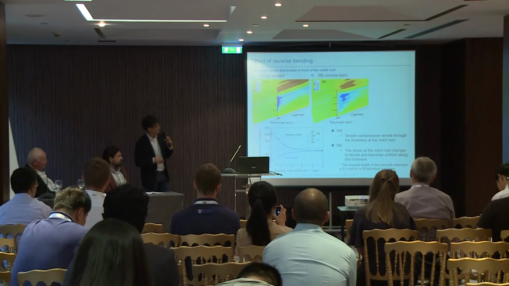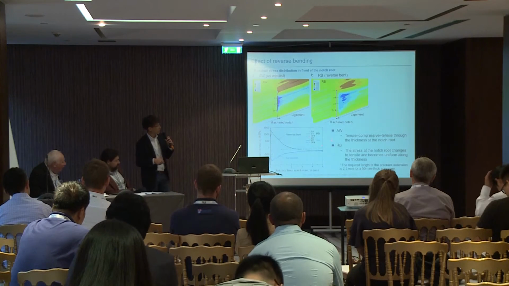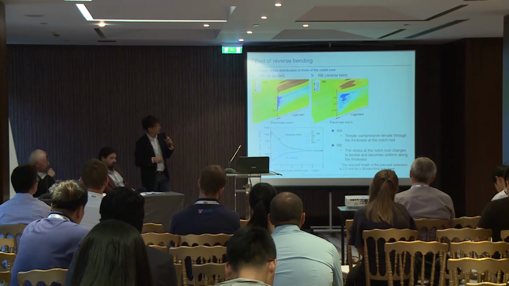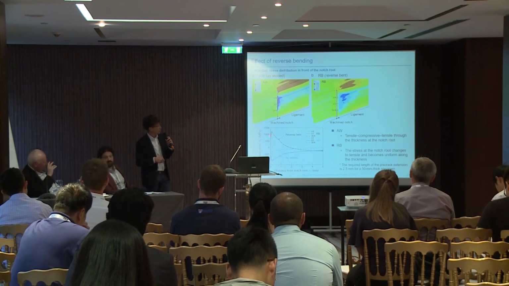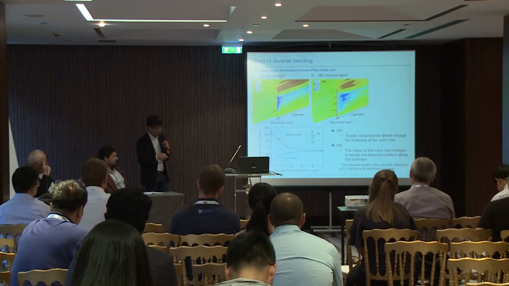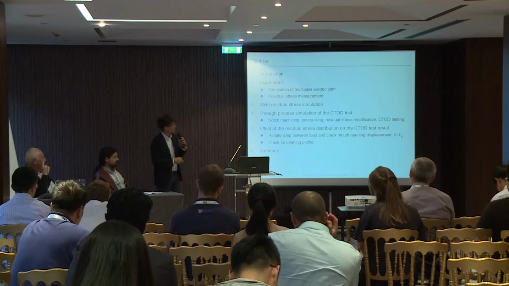And this is the residual stress distribution in front of the notch root. By reverse bending, the residual stress becomes tensile and uniform through the thickness. So this is the effect of the residual stress modification process.